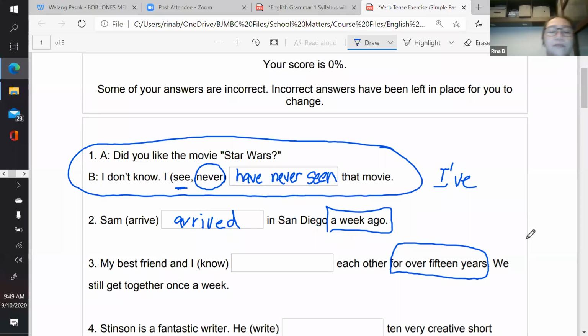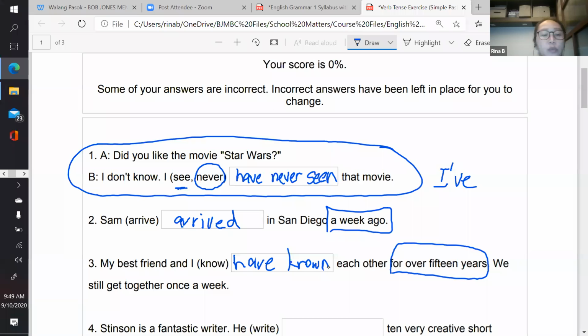So, my best friend and I, what's the subject? We're talking about the present tense. So we need to think singular, plural verb. What's our subject? Singular or plural? We have a compound subject, right? Best friend, I. So those are two already. So have, and then the third form, known. Yeah, have known.